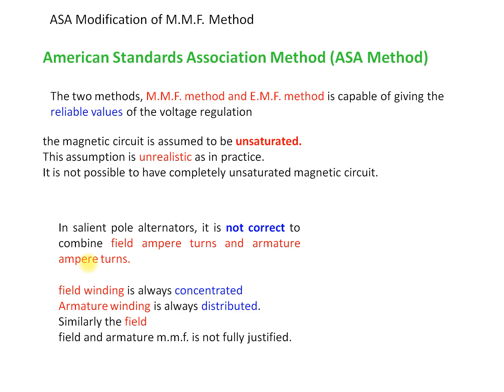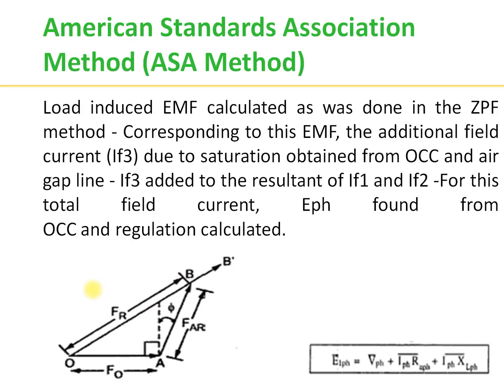So we need to get the realistic voltage regulation in order to use the alternator in practice. We need to find that realistic voltage regulation by having the saturation data. It is not possible to completely unsaturate a magnetic circuit, so we need to find out the saturated value.